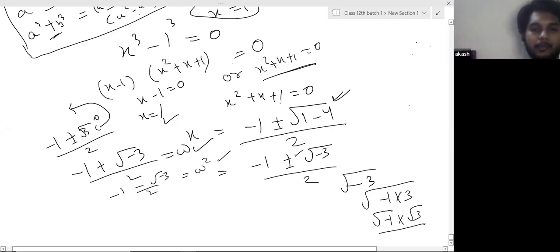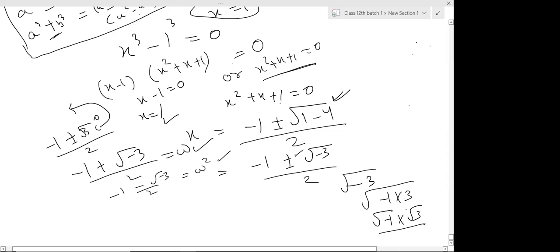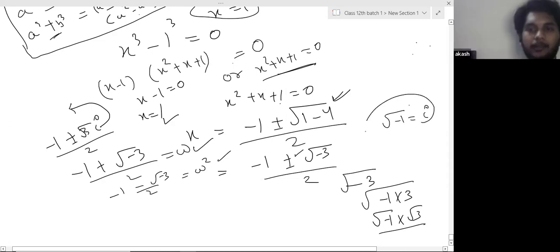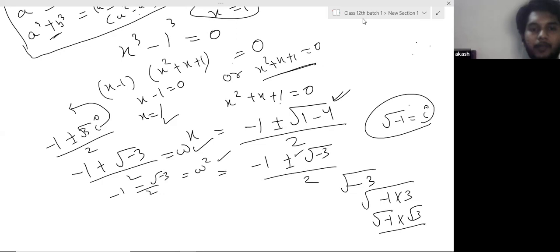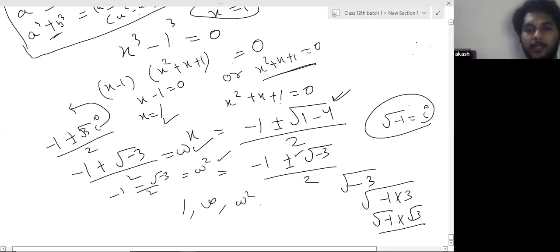I can take this into two parts. Is this clear? Yes. And under root of minus 1 is i. So root 3 i. That's right. All right. So this we know now. 1, omega and omega square are cube root of unity.